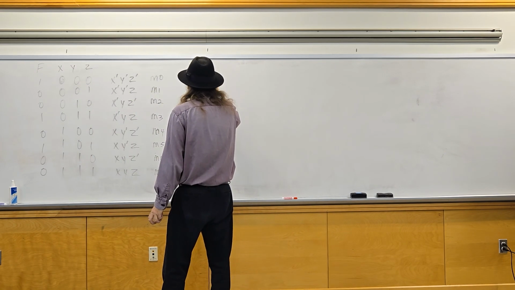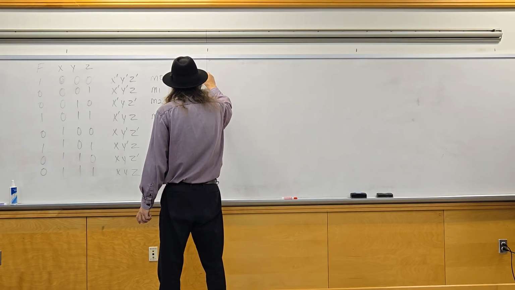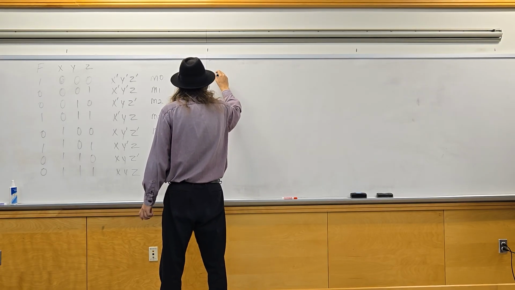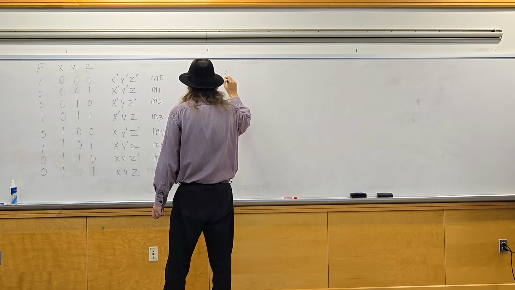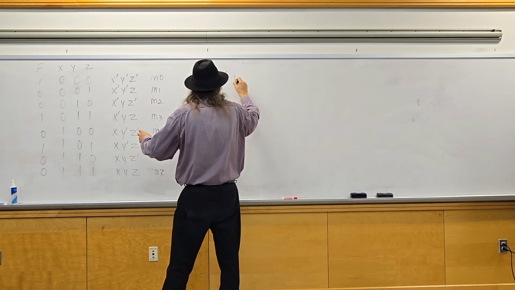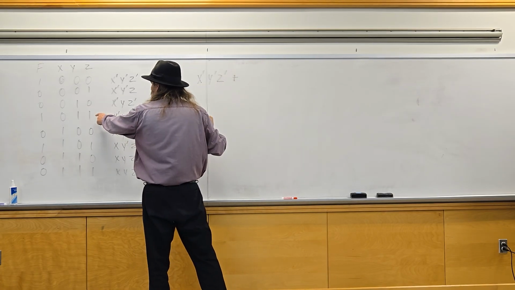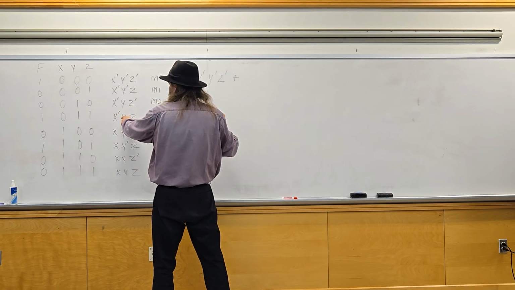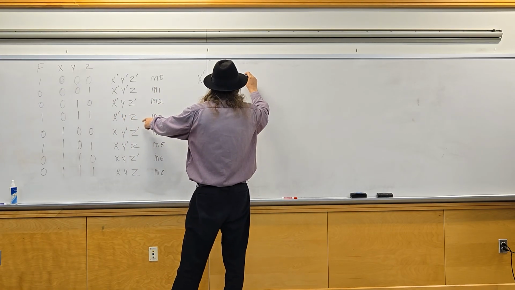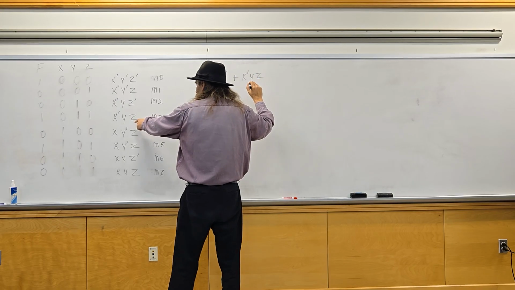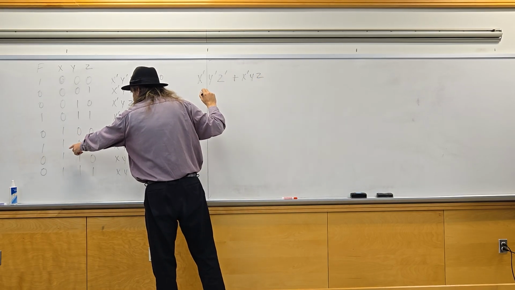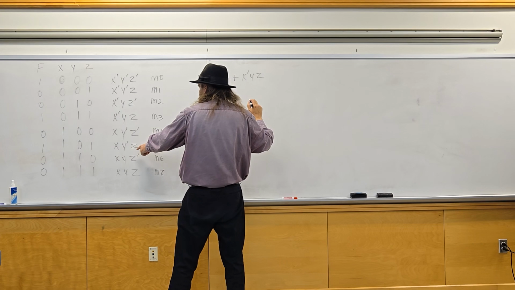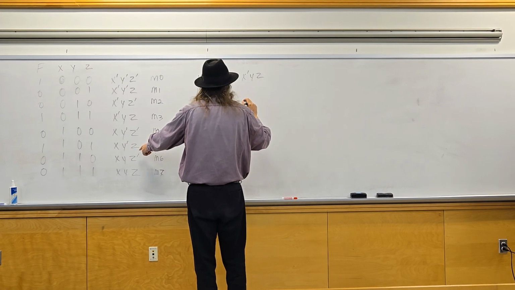So it would be x prime, y prime, z prime, or x prime, y, z, or x, y prime, z.